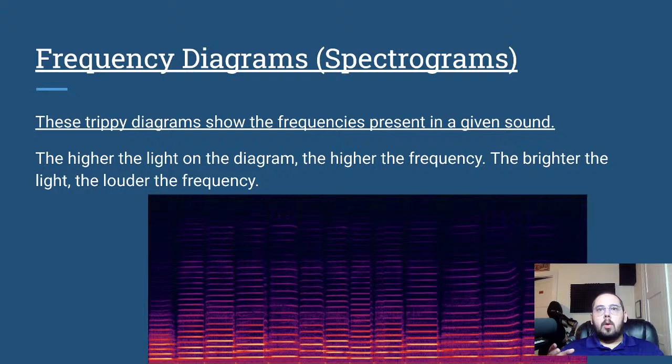Where we get unique sounds, what's called timbre, and why instruments sound different from one another, is that each unique sound has a different combination of these harmonics at different volumes. You'll see that this particular sound has these 3 or 4 lines as the brightest, and then we get a darker region, and further up some of them start picking up again. Let's just say hypothetically this was a flute. I don't know for sure, actually.